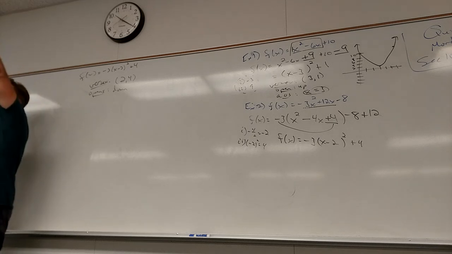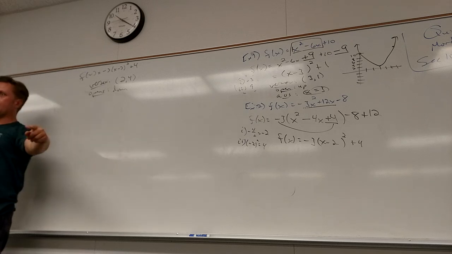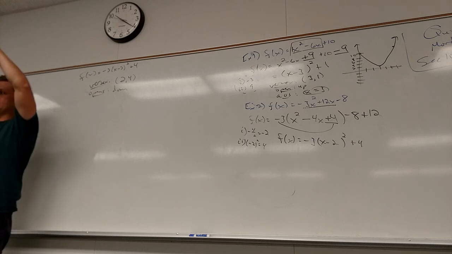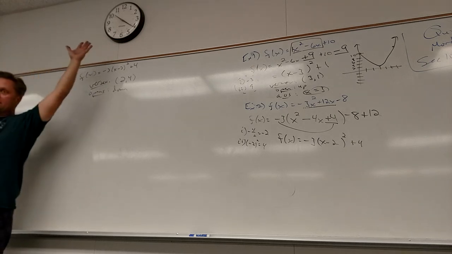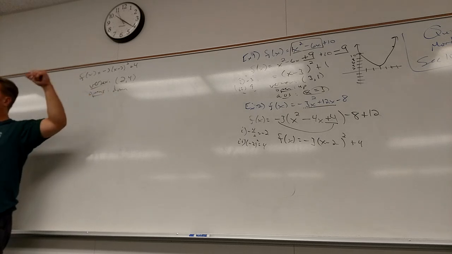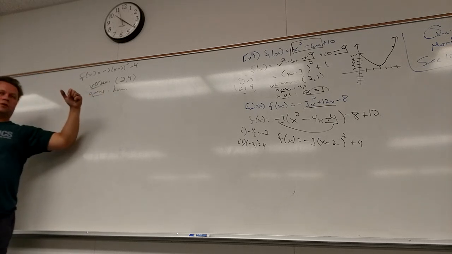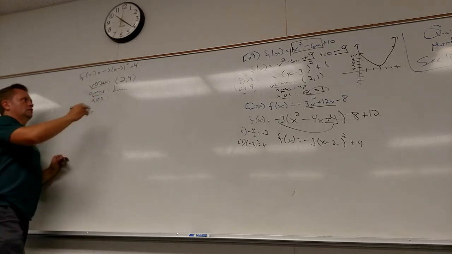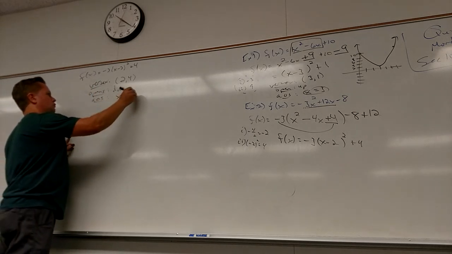Because it starts above the x-axis and goes down, it will hit the x-axis. What was wrong with the other one we just did? It started above the x-axis and it went up, away from it. It's never going to hit it in the real plane. What was the other thing? Axis of symmetry: x equals 2. Boom.